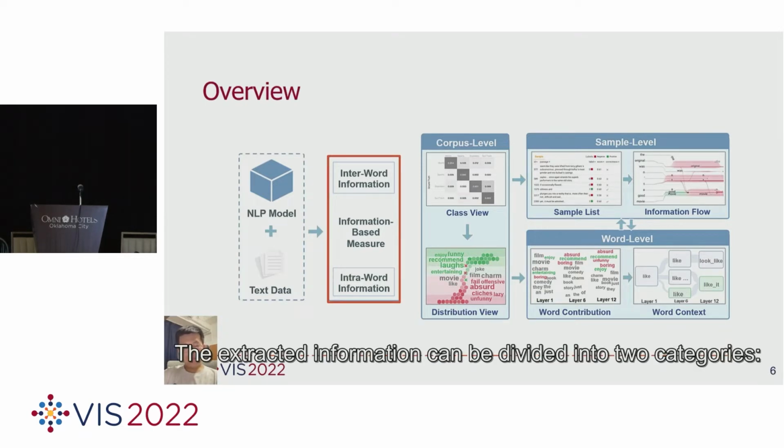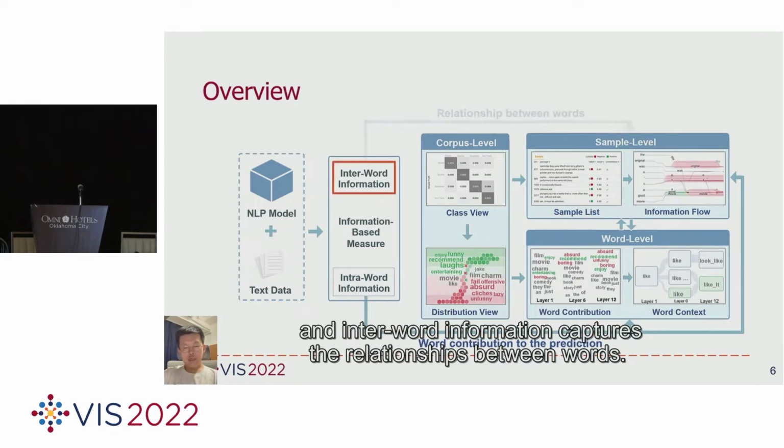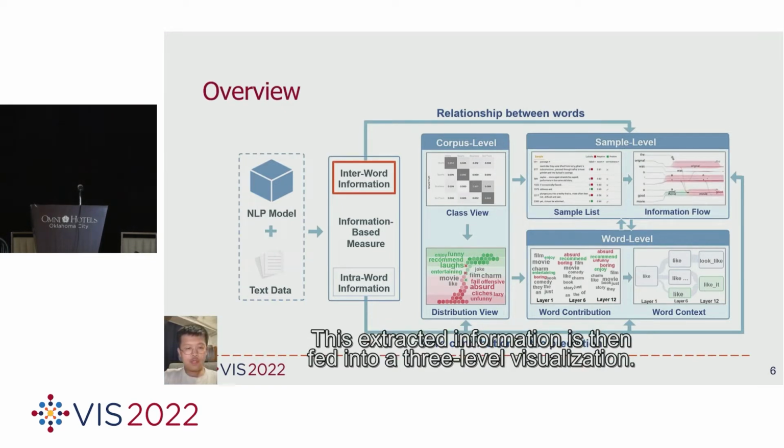The extracted information can be divided into two categories. Introvert information analyzes the word contribution to the prediction, and extrovert information captures the relationships between words. This extracted information is then fed into a three-level visualization.